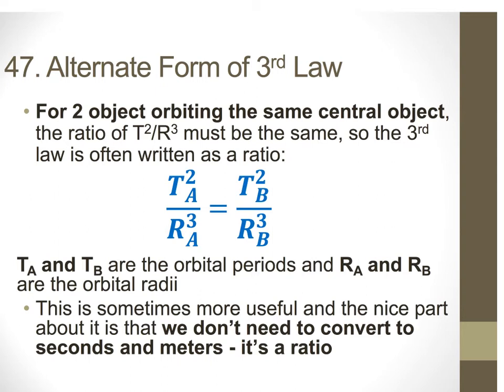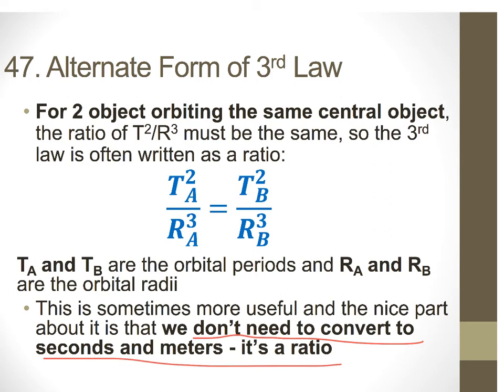We just saw that this is a constant, which is the reason why it works. Here's why it's really useful: when we're using this form of Kepler's third law, we don't need to convert to seconds and meters. This is a ratio, so those units are going to cancel out.